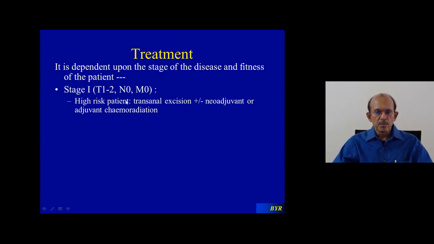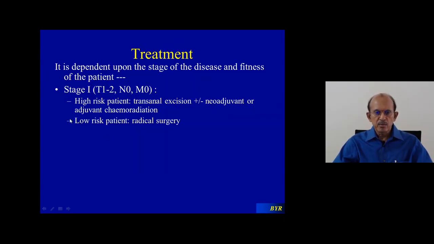Then you can operate upon the patient through an operating telescope passed through the anus. So through the anus, the scope is passed and the tumor is excised. This is for stage T1 and T2 lesions. That means the tumor which is confined to the mucosa and submucosa.